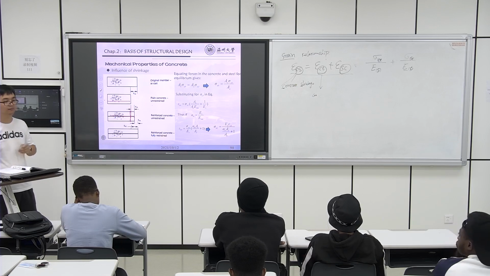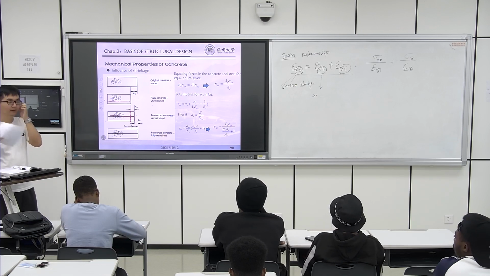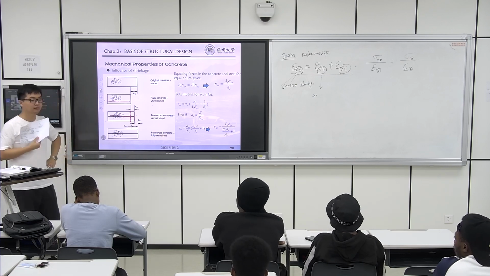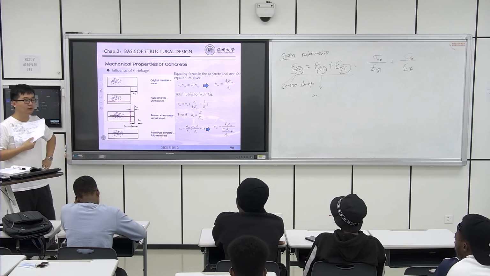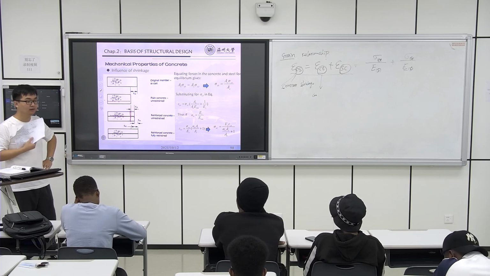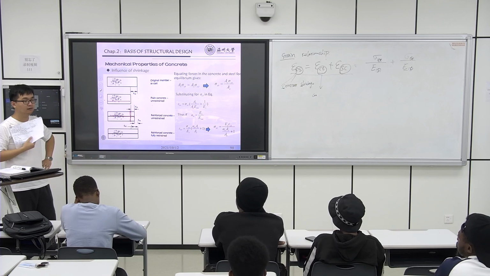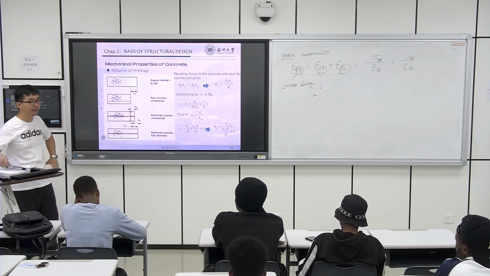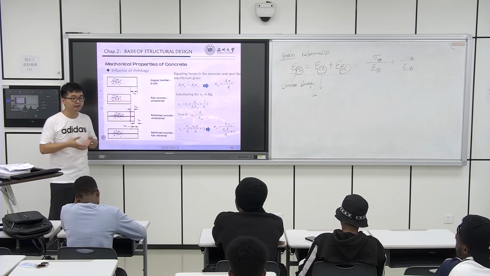So, let's say making reinforced concrete. Do you buy reinforced concrete, or can you just make it yourself? Looking at the fact that reinforced concrete is just steel added to concrete, right? Steel and concrete, but the bond holds them together, right?